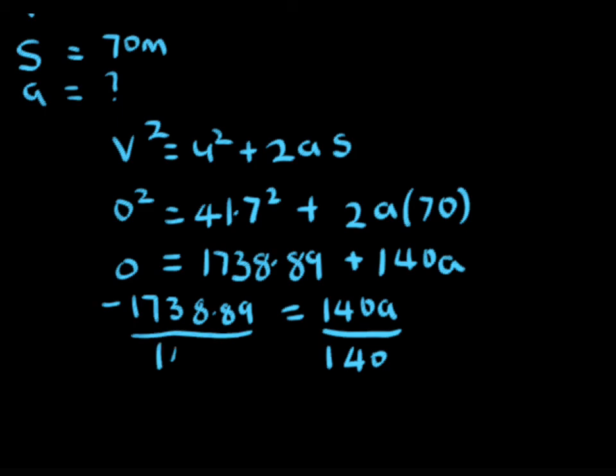So a becomes minus 1738.89 divided by 140, and this gives us minus 12.42 meter per second square.